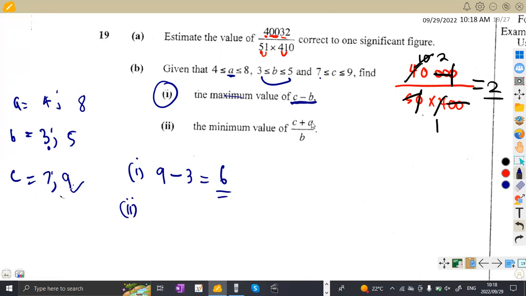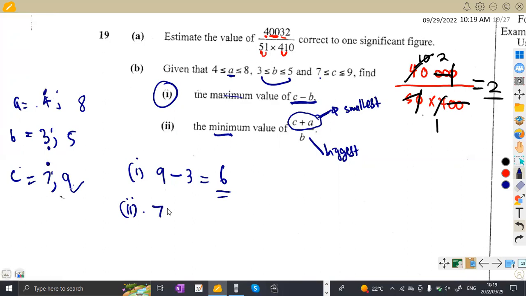Okay, then the minimum value of C plus A over B. For this to be minimum, it means the number on top has to be the smallest one, and the number at the bottom has to be the biggest one. Therefore, you can obtain the minimum value. So it means C plus A, we are adding C to A. For us to have the minimum, definitely we are going to add this 7 and this 4.